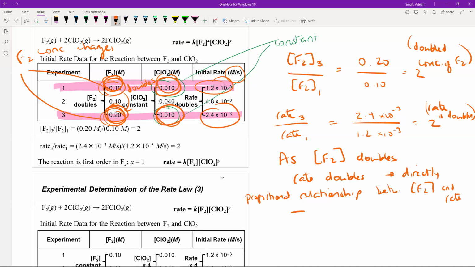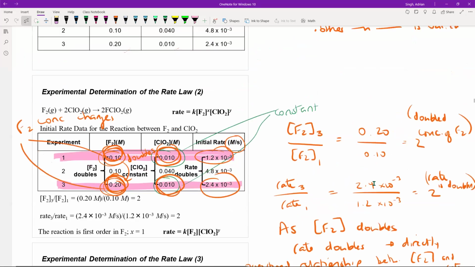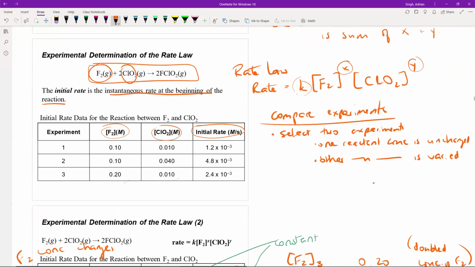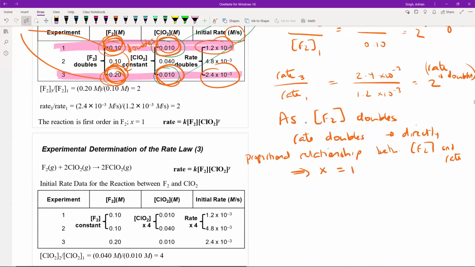So the value for X is equal to 1. We know as F2 doubles, the rate doubles as well, so that value for X is 1. We say it's first order with respect to F2.